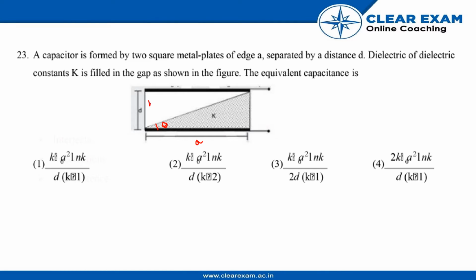So let us say that this is one plate K1 and this is the other one, K2. Now it has a certain separation.